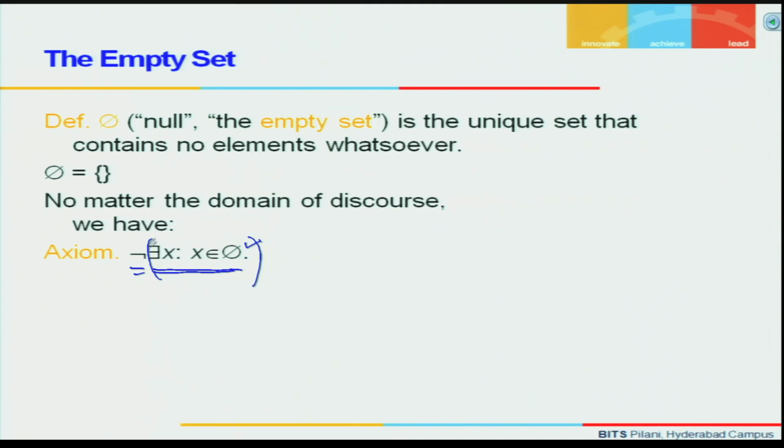To understand, first without the not, you understand this. There is an element x that is there in the empty set. This should not happen. That means there should not be any element in the empty set. This is how it is defined. Don't worry about it, you just get this definition. How and why we should not ask, this is how it is defined.